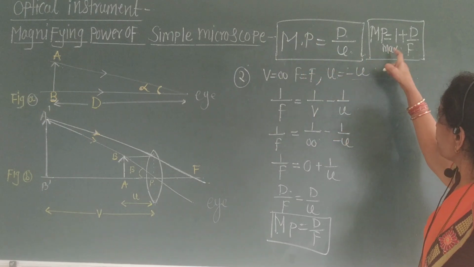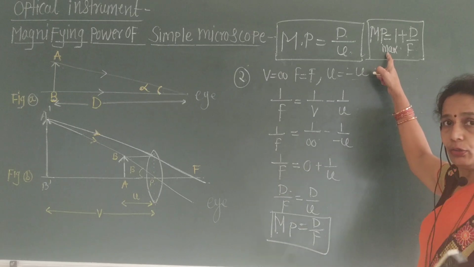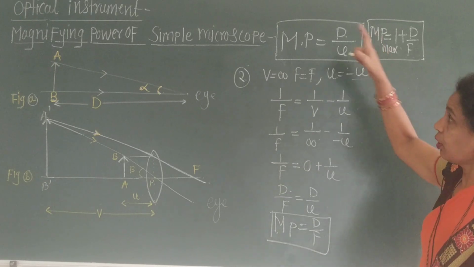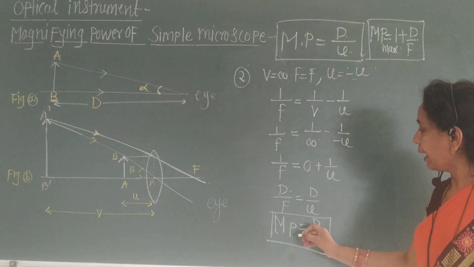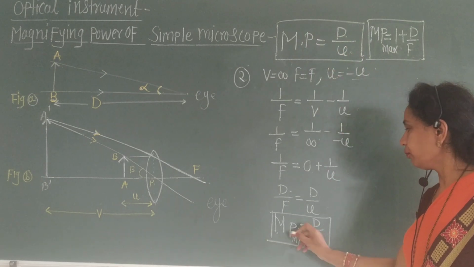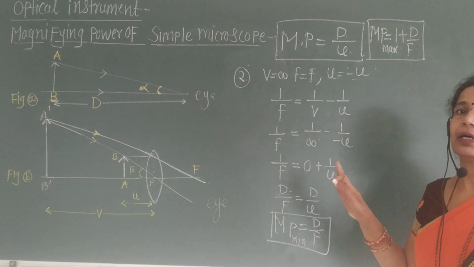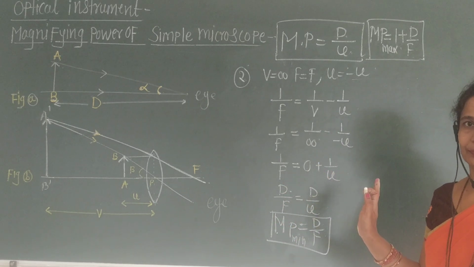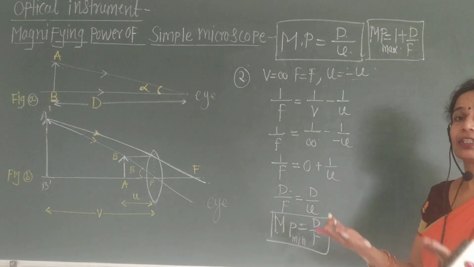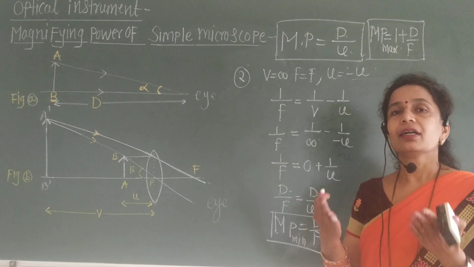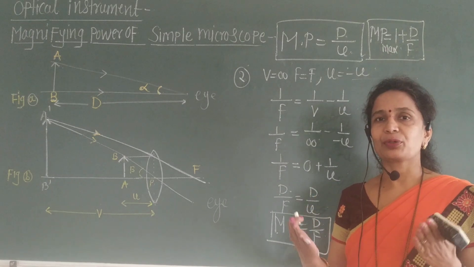Okay. Therefore, it is the maximum value of magnifying power of simple microscope, and it is the minimum value of magnifying power of simple microscope. Okay. Then we see the next optical instrument, compound microscope.